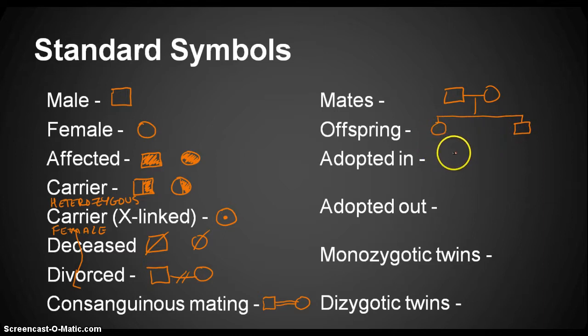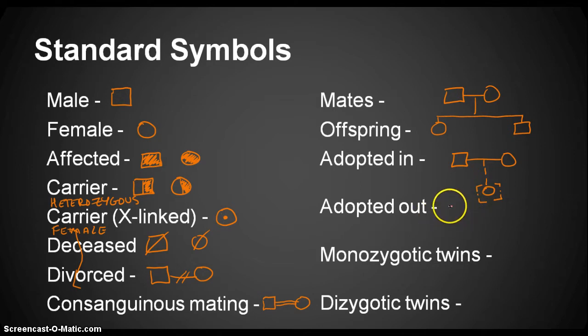Now, if two parents are going to adopt a child, then that child is not a part of this bloodline. However, we will still show that child with a dotted vertical line. And then we will also bracket that individual with a dotted bracket.